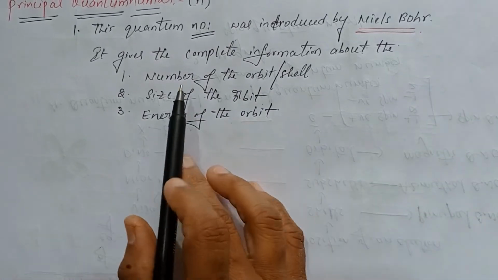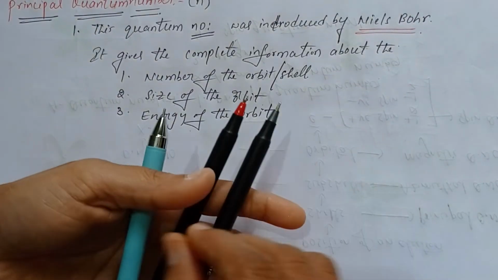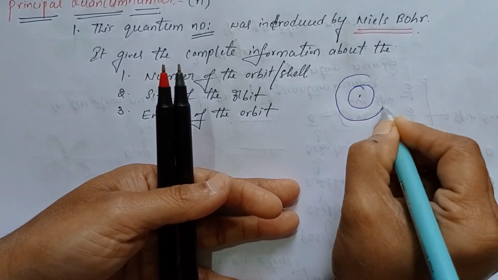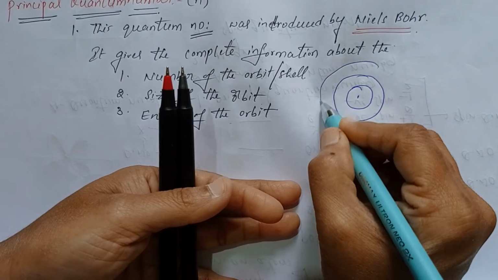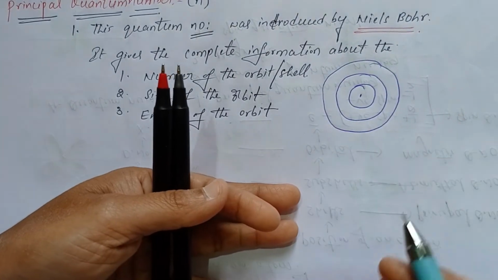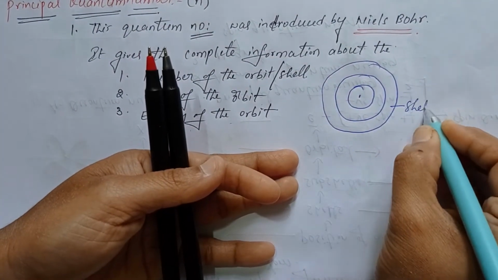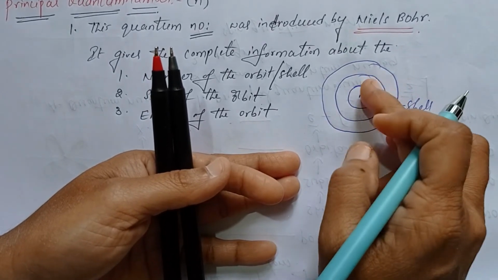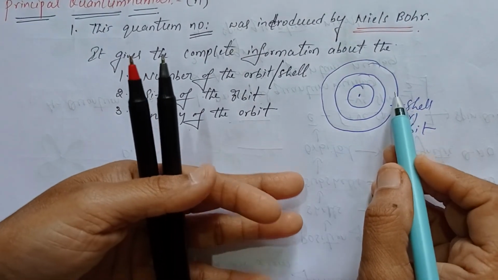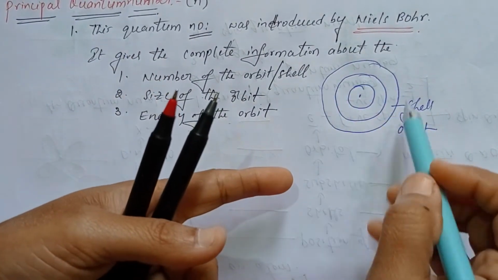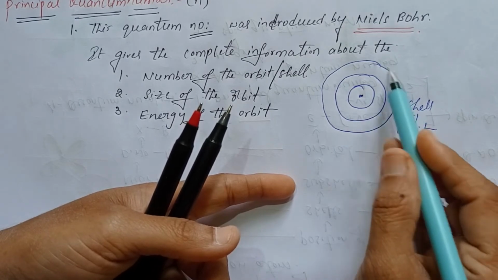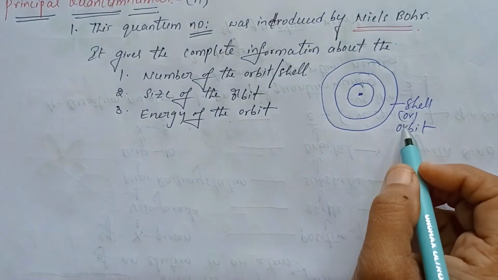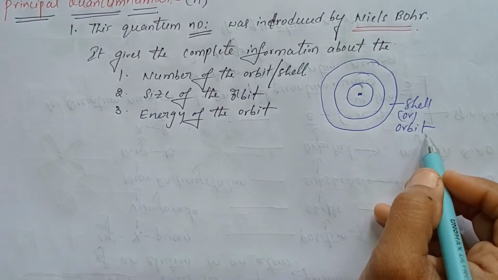So here, number of the orbit, for example, this is an atom, these are the shells, students. These are called shell or orbit. The electrons revolving around the nucleus in a definite circular path is called a shell, or orbit, another name.